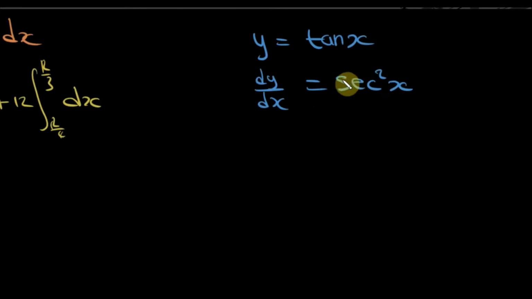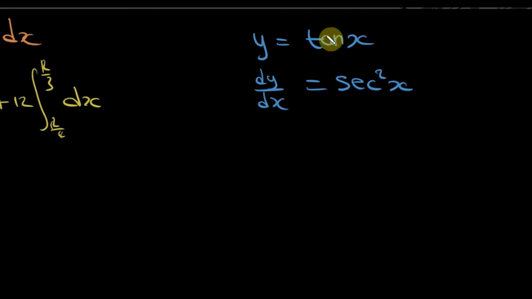So your friend says, okay, fine. Now I want you to integrate sec squared x. But we know that integration is the inverse of differentiation. So you can just go ahead and integrate this to go back to tan x.